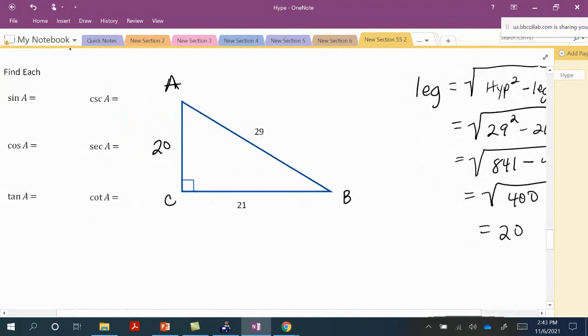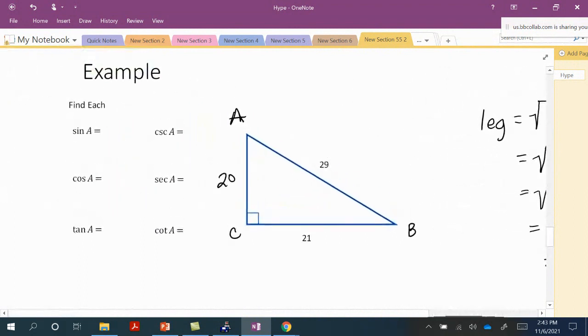Right, so in order to find the 6 trig functions, you must know all of your side lengths. So we use the Pythagorean theorem to find the missing leg. Now, in order to set up the trig functions, we're going to use Chief Sokotoa. When we use Chief Sokotoa, however, we must have what's called a reference angle, and a reference angle is no more than an acute angle.